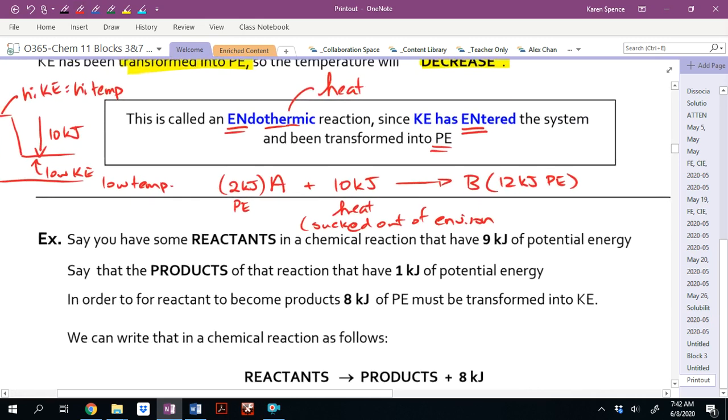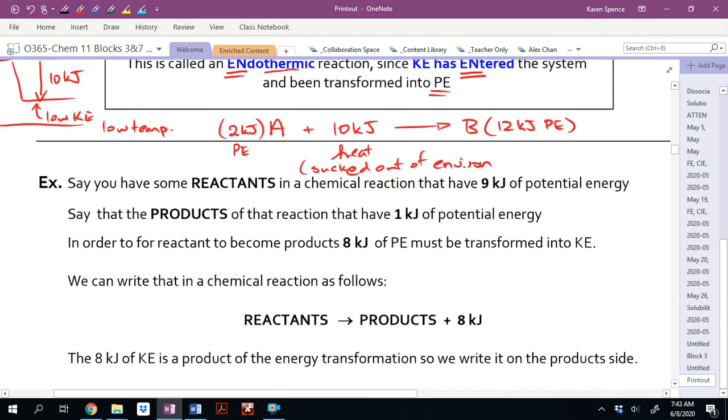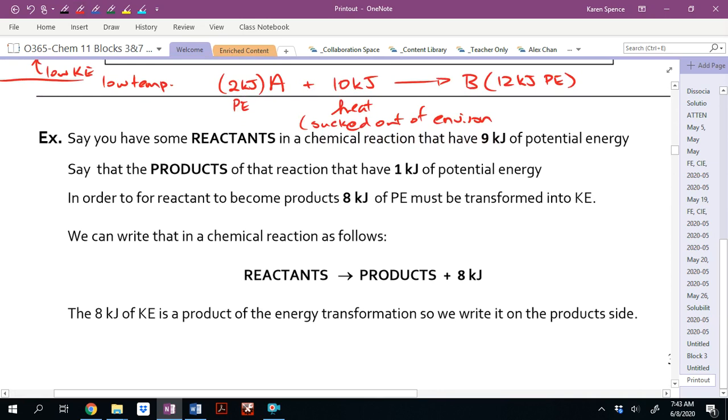Okay. So now, say you have some reactants in a chemical reaction, and they have 9 kilojoules of potential energy. Say that the products of that reaction have 1 kilojoule of potential energy.